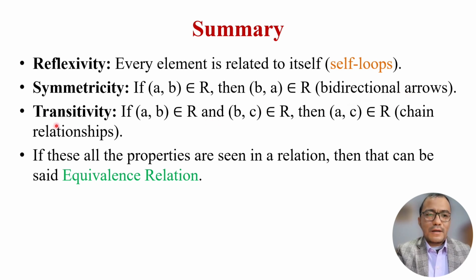Transitivity: if (A, B) belongs to the relation and (B, C) also belongs, then obviously (A, C) also belongs, the chain relationship we discussed before. If all these properties are seen in a relation, then it is an equivalence relation, as we discussed before.